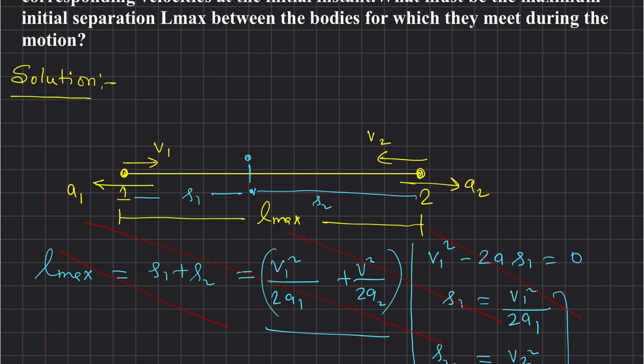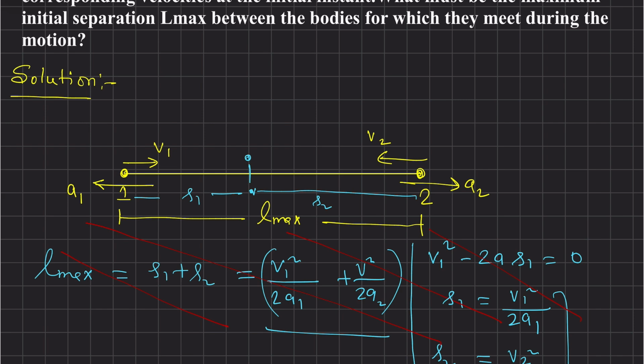The second way, if you don't want to use the relative velocity method, is to use the idea of maxima and minima. And the third is that maybe we can pull off this question with a graph also. So I'm going to show you all these three possible methods, if my time allows.